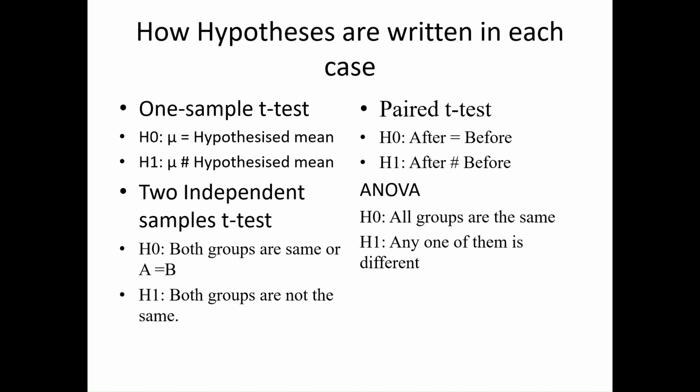Null hypothesis: both groups are the same, or you can write A is equal to B. Alternate hypothesis: both groups are not the same. Paired t-test. Null hypothesis: after is equal to before. Alternate hypothesis: after is not equal to before. ANOVA. Null hypothesis: all groups are same. Alternate hypothesis: any one of them is different.